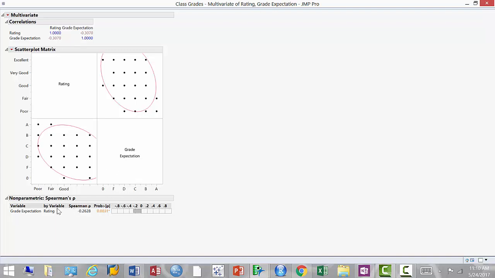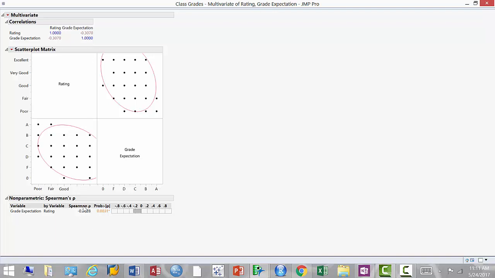Okay, so you can see that JMP did a couple of things, right? Number one, it computed the Spearman correlation coefficient by itself, minus 0.26. And you can see that it's fairly close to my original correlation coefficient, this minus 0.3, that I cannot really use, because it computes the correlation between ordinal numbers, which is not a legitimate thing to do, okay?